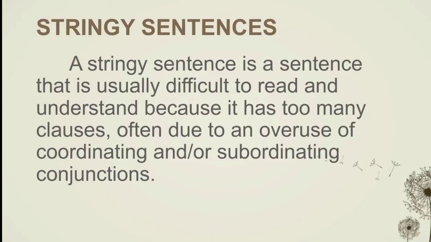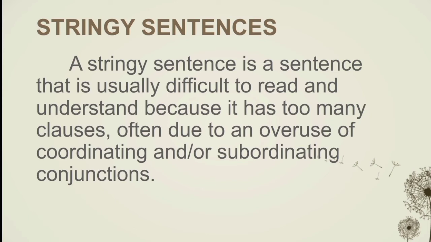Okay, let's move on to another type of sentence error, which is string sentences. A string sentence is a sentence that is usually difficult to read and understand because it has too many clauses, often due to an overuse of coordinating or subordinating conjunction. So, ibig sabihin naman nito is an overuse of coordinating, like yung but or and ganun.